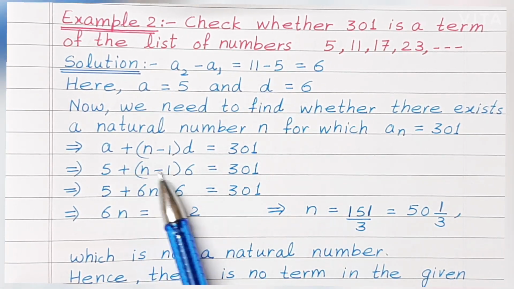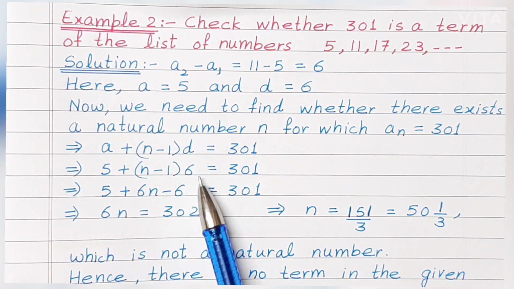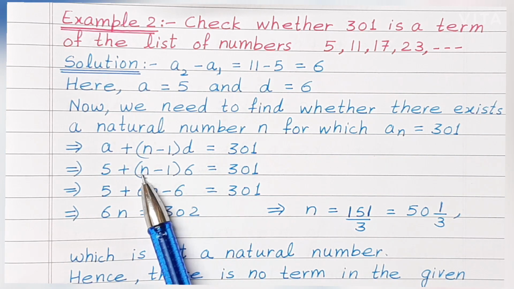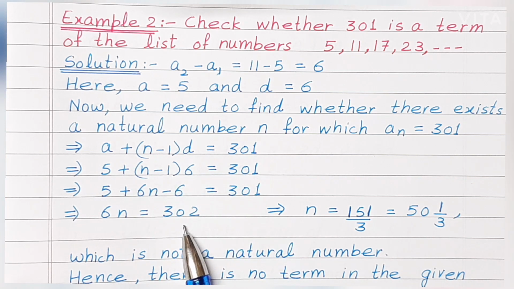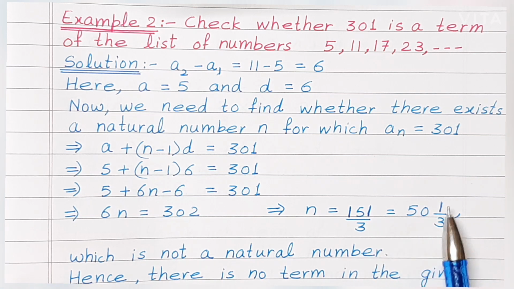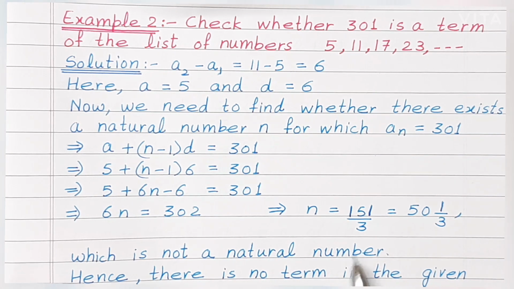Now let us put the values. A is 5, D is 6 and N is not given to us. After comparing this, we will get N as 151 upon 3. Now students, N cannot be a fraction, so it is not a natural number.